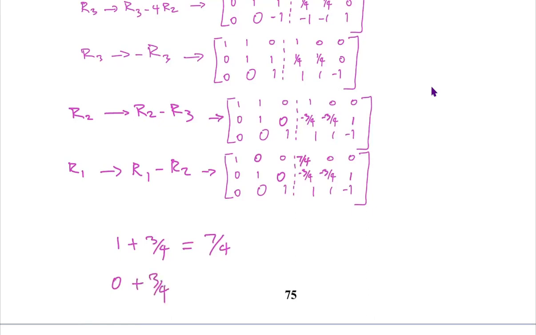So that's also 3/4. And then the last one is 0 plus 1, that's 1.